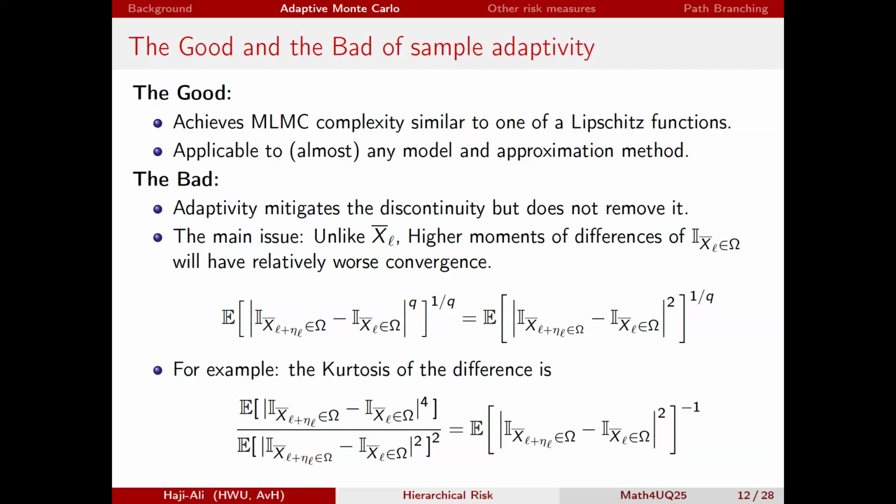What this means is that if you look at, for example, the kurtosis, defined as the fourth moment divided by the second moment squared, this becomes the second moment to the power minus 1, because the fourth moment is the same as the second moment. So this is just 1 over the second moment. And we just said that we did improve this convergence rate. So the variance of the difference for the indicator function with adaptivity is improved, but it means that the kurtosis is worse.